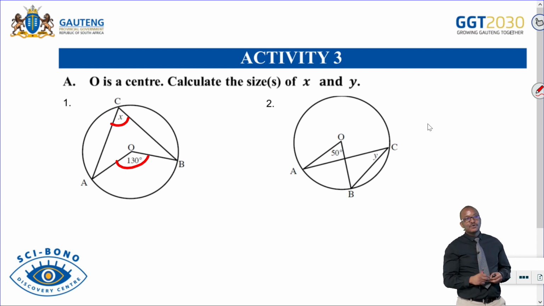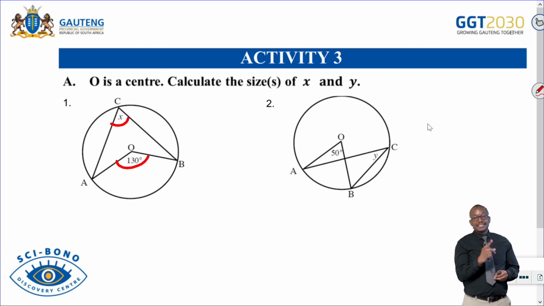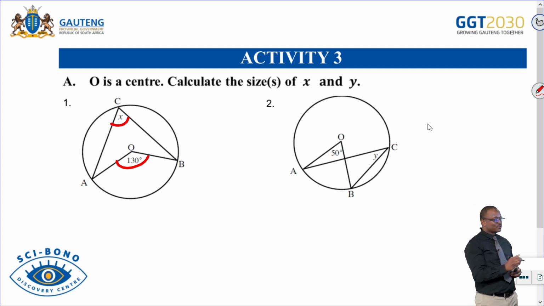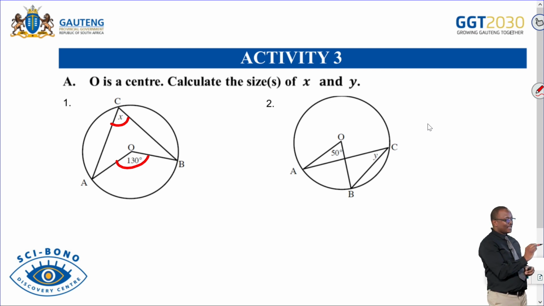Then we have to write the statement for this question. Our statement is going to be, remember we said angle at center is 2 times the angle at the circumference.